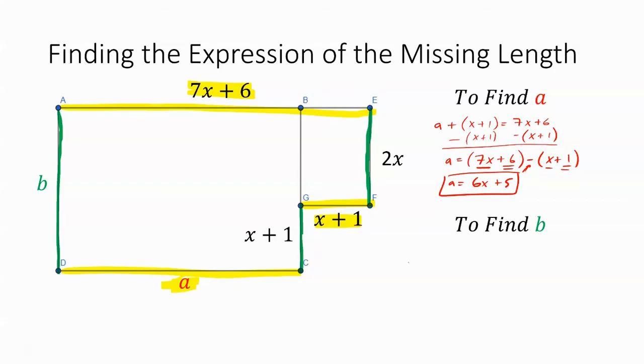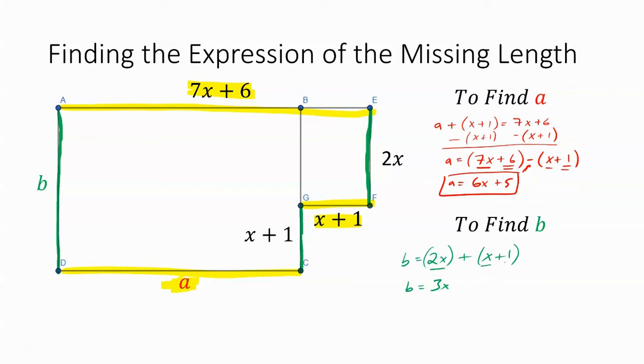So you can go ahead and set it up in that setup. We know that B should equal EF, which is 2x, right? Plus GC or CG, which is x plus 1. So we're just going to add them together, right? 2x can be combined with 1x, so that'll give you 3x.